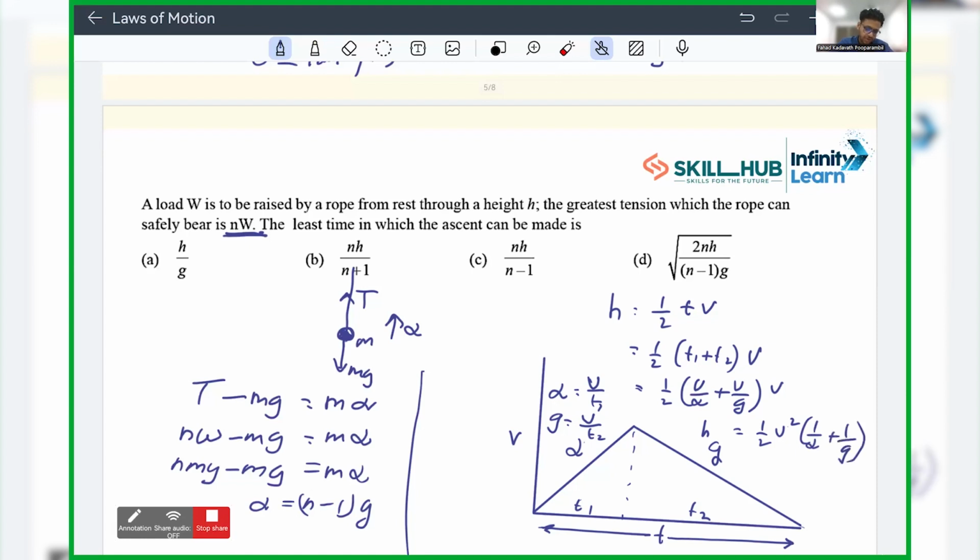Again, we can replace this v square with something in terms of t, since we have to get the answer for time. From the area equation we can write v equal to 2h over t, which we can substitute here.